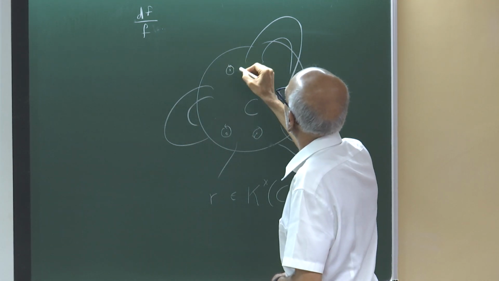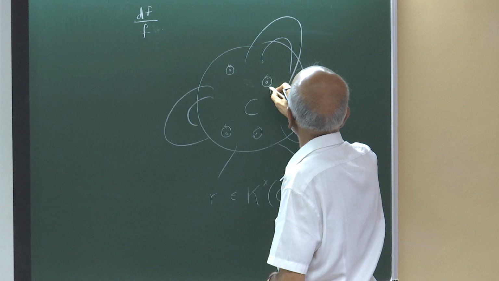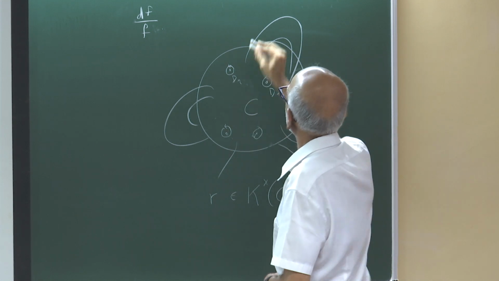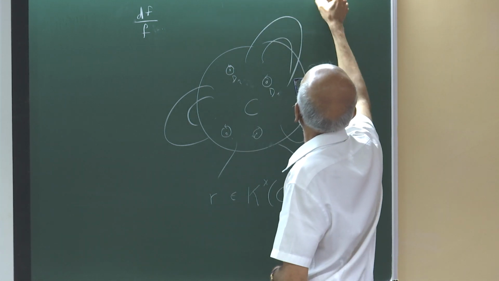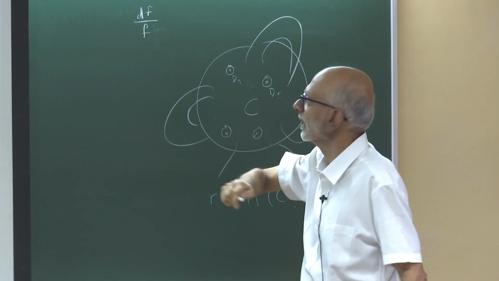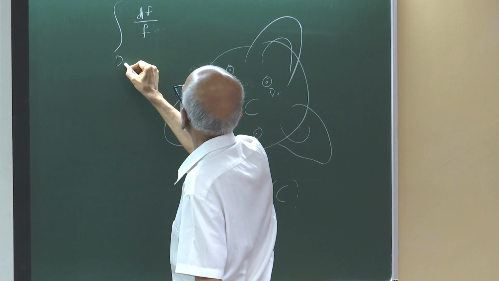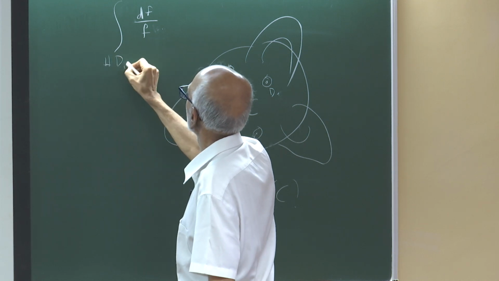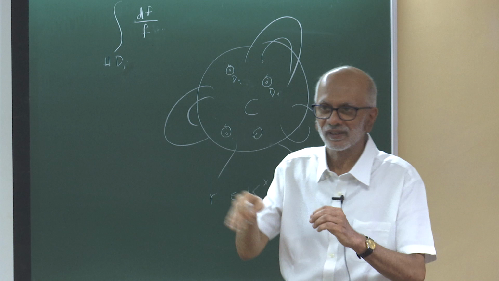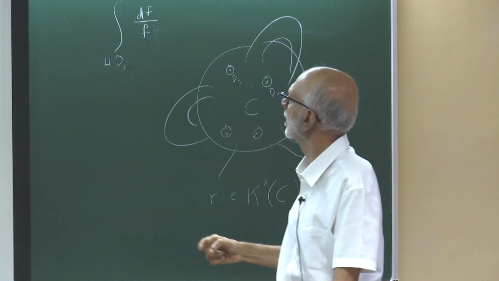Now I am going to integrate this. I have these disks D1, D2, and so on. So I have C minus the union of the Di. This is a manifold with boundary, and I am going to integrate it on this boundary, the disjoint union of the boundaries of Di with appropriate orientations.